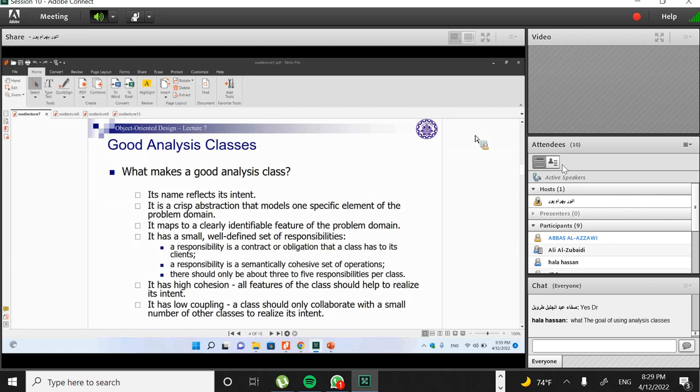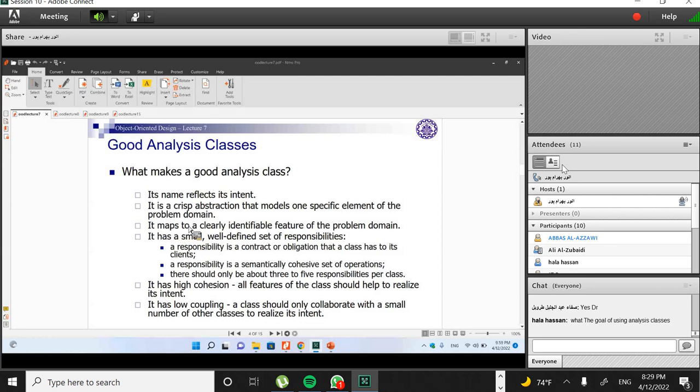So we need a good analysis model so that we hope to have a good design model, and then we implement the design classes. But the design classes are an extension of analysis classes, analysis classes with more perfect attributes and methods.